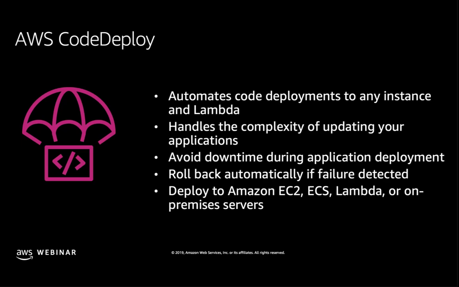It can take your instances out of the load balancer, so you won't be serving traffic to instances where there's a deployment going on. It can health check your deployment to make sure that your application is healthy after a deployment before putting it back in production. This allows you to avoid downtime during your application deployments.